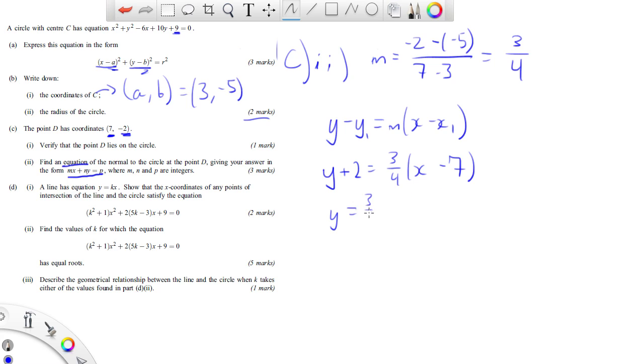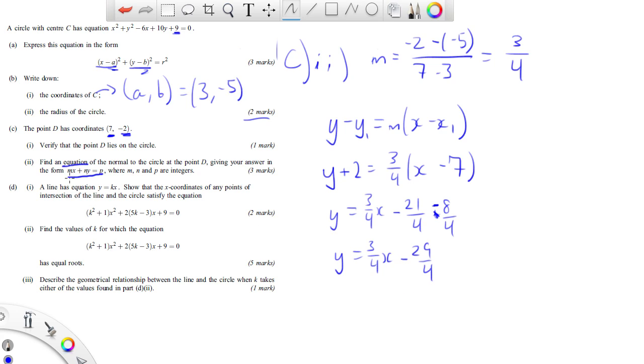So y is equal to 3/4 x. This is going to be minus 21/4 plus 8/4. Oh, sorry, that's going to be a minus 8/4. So I'm going to have y is equal to 3/4 x minus 29/4.